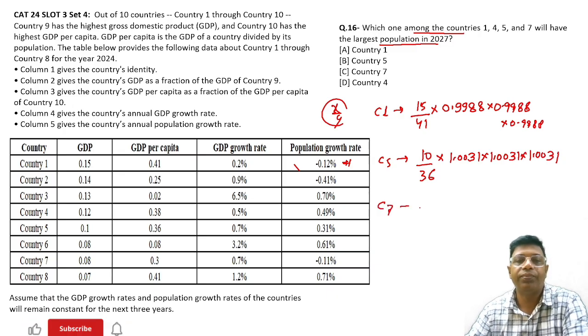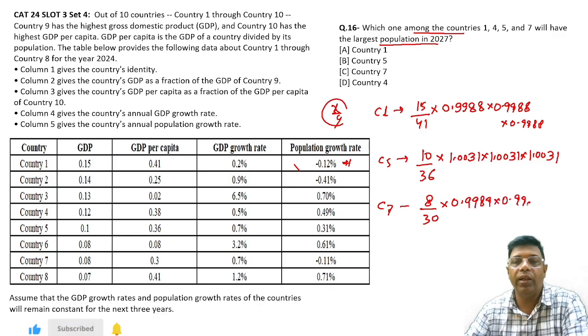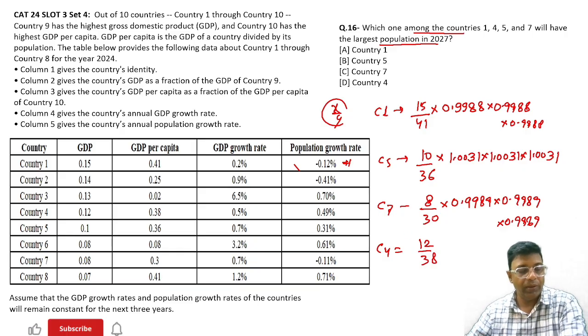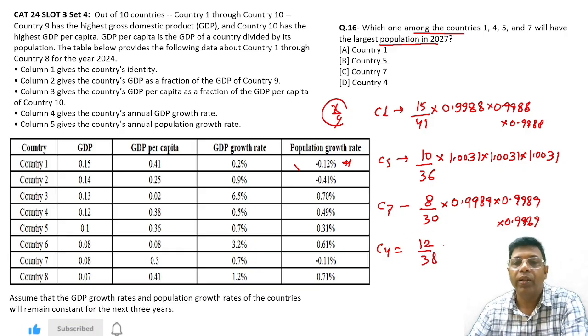Country 7 has 8 by 30 into 0.9989 into 0.9989 into 0.998. And the last one is country 4, that is 12 by 38, right? So you can say 12 by 38 into 1.0049 into 1.0049 into 1.0049.